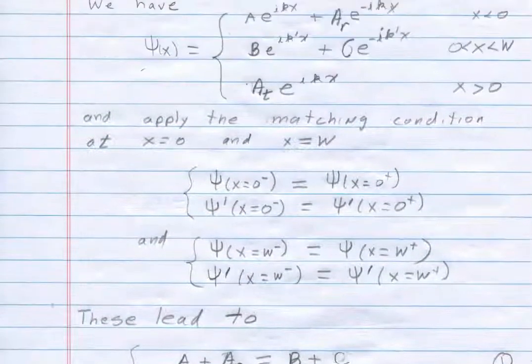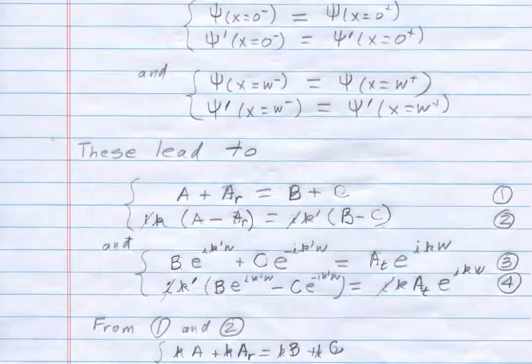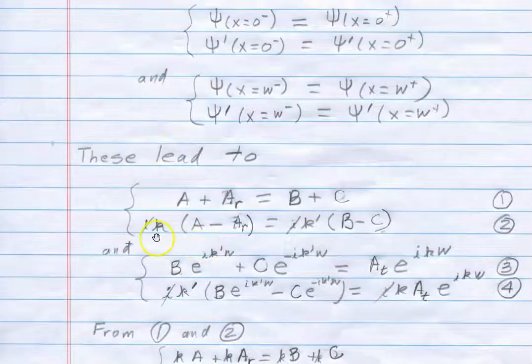One simply has to take the derivative of both terms. I'll pick up an ik from this one. I'll get a minus ik from this one because it's going in the opposite direction. And likewise here, I'll get an ik prime because the k is different. And I'll get a minus ik prime. The i's will go out, so that gives me the matching conditions at 0.